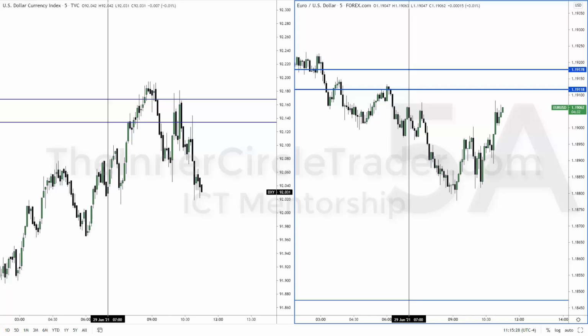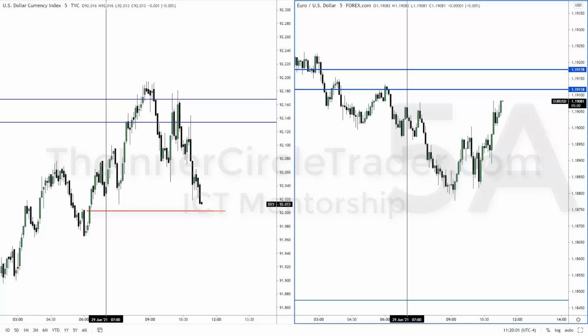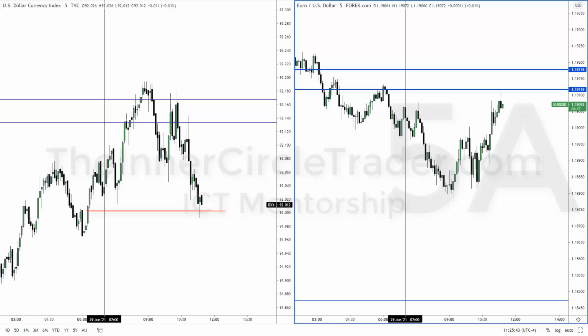Watching that last down close candle on the 5-minute chart for dollar index prior to the 7 o'clock in the morning changeover in time. Another secondary sell-side liquidity pool has been swept on dollar index on the 5-minute chart, and we have traded into that 92 big figure.